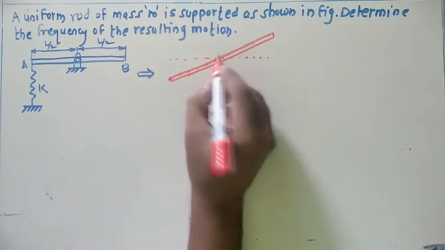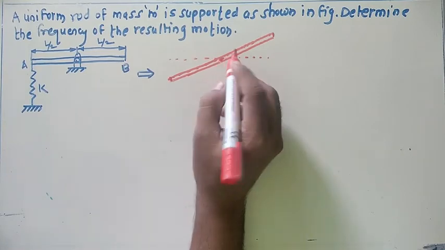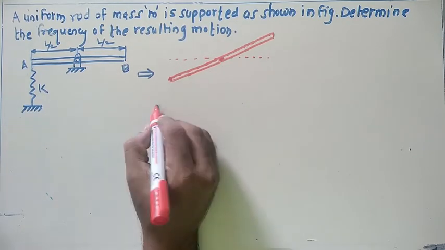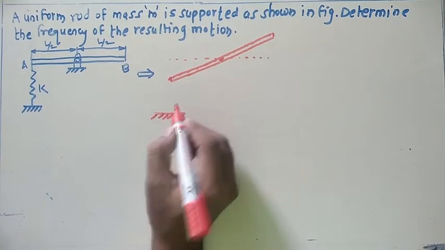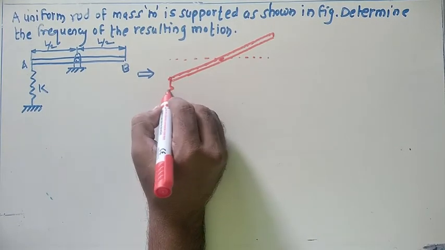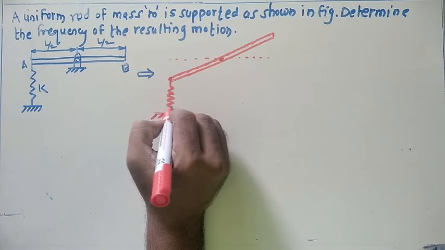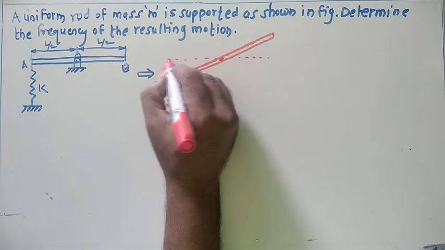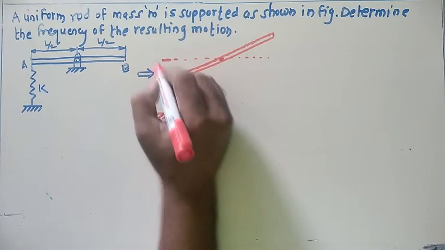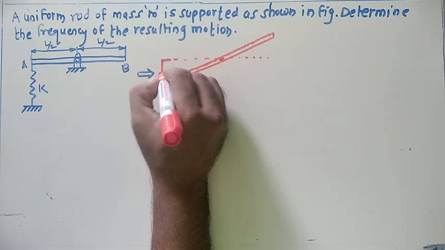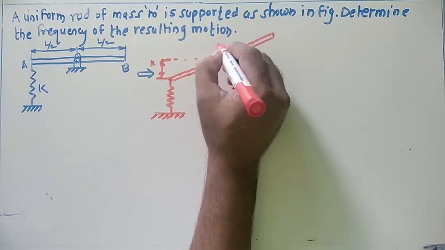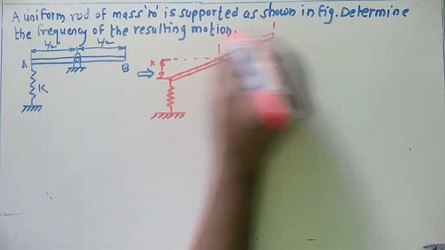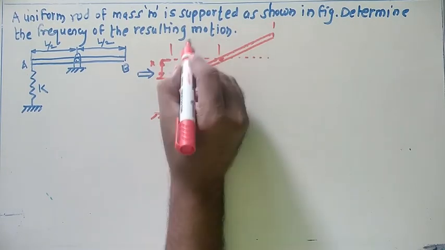Here is the pivot point. Because of the movement of the rod on this side in downward direction, the spring gets compressed like this. The initial position of the spring is here, so the compression of the spring is by distance x. The lengths L by 2 and L by 2 remain as they are.